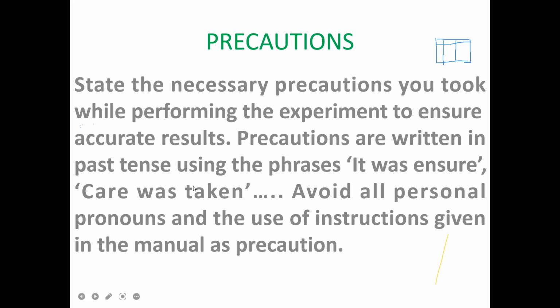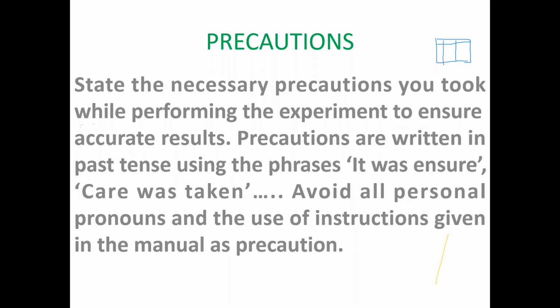So we say care was taken, it was ensured. Avoid all personal pronouns. That's what you are asked to do. So when you are recording your precaution, you write, it was ensured or care was taken. Don't use I close all windows, I put off fan. You should use the past tense.